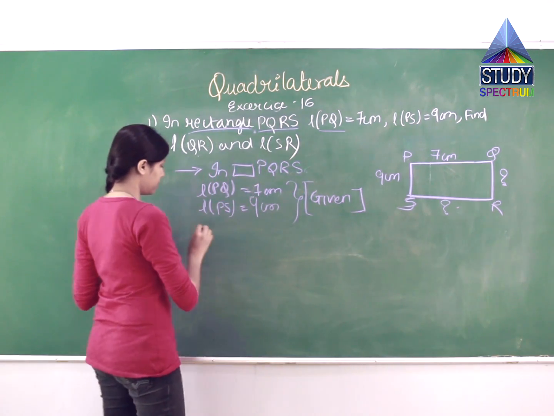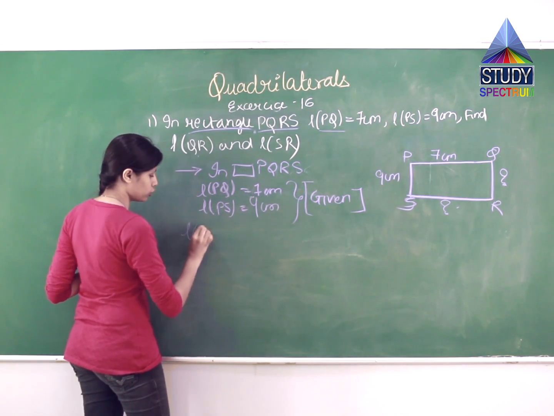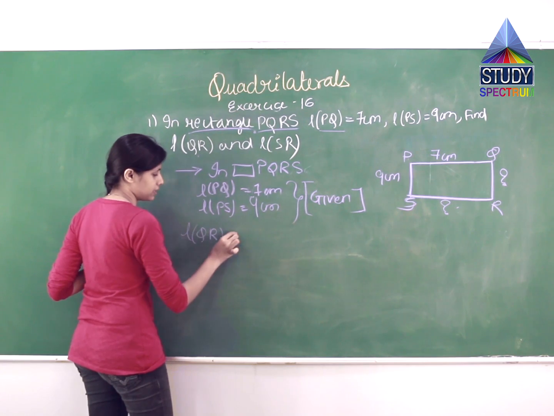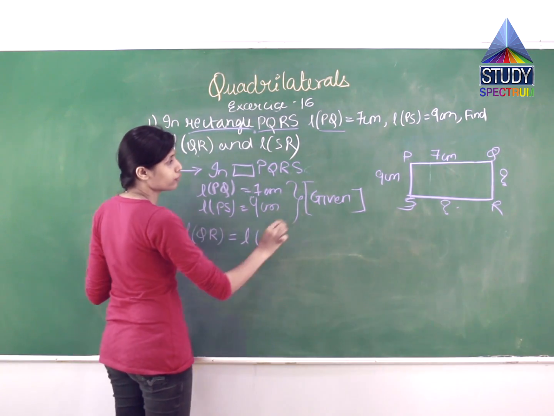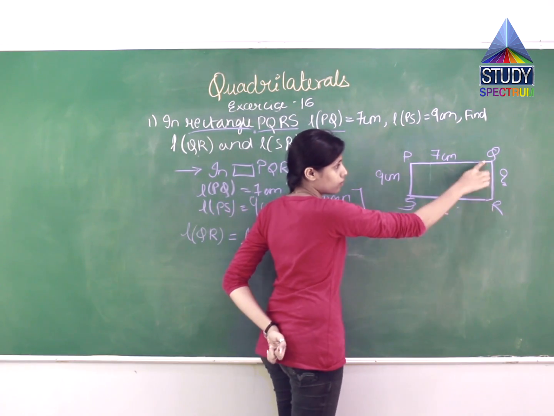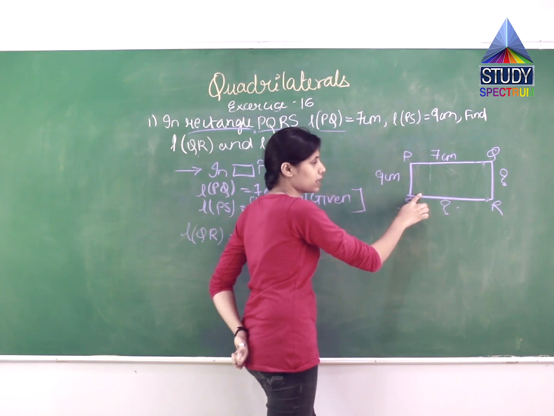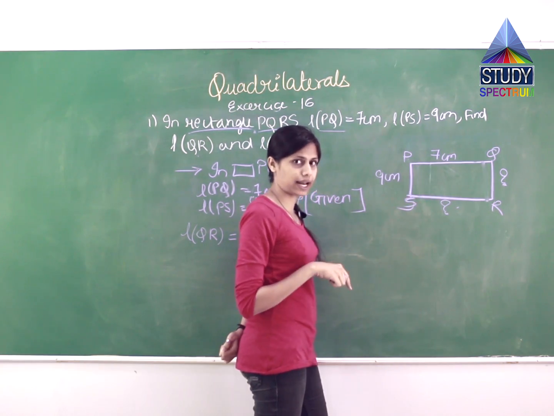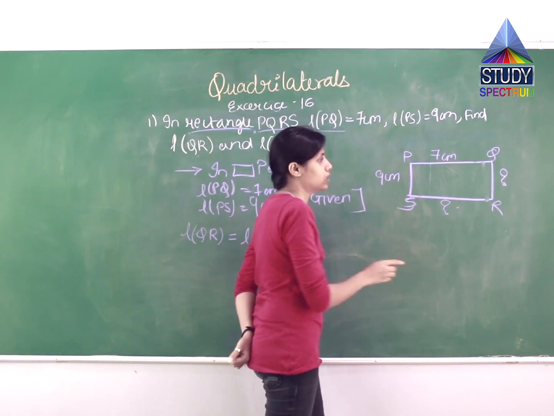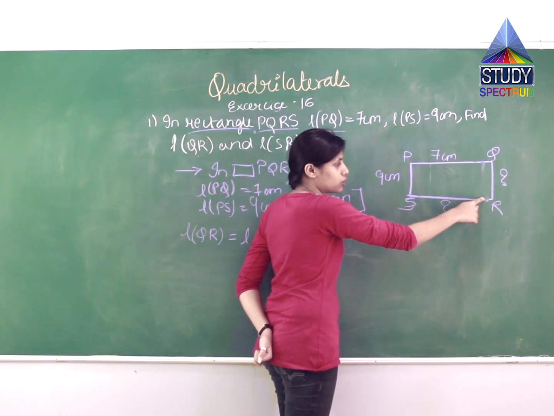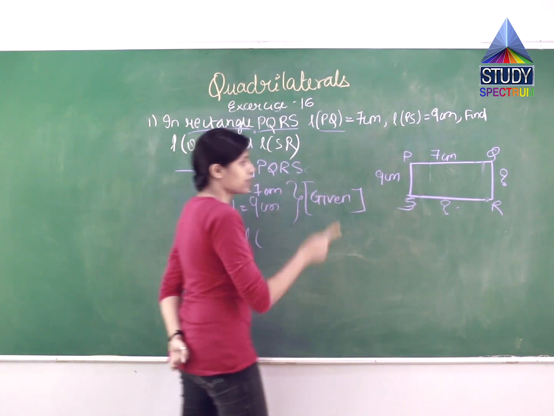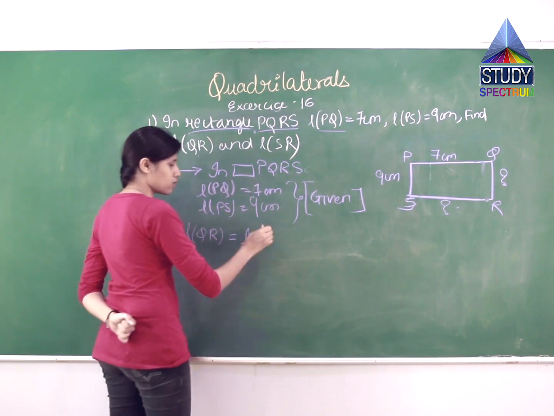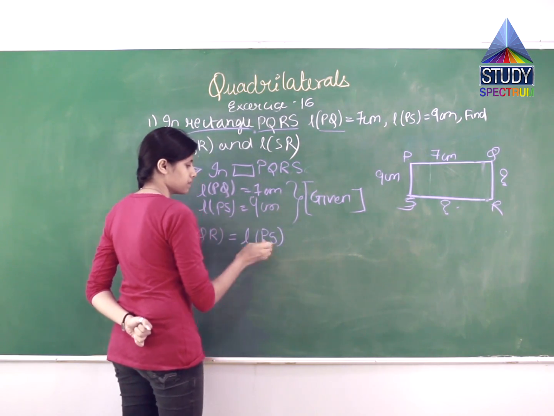So what you have to write: length of QR is equal to length of, see, this is QR. So this length will be equal to this one because it is a property of rectangle that the opposite sides are equal. So the side opposite to QR is PS. Therefore length of QR is equal to length of PS.